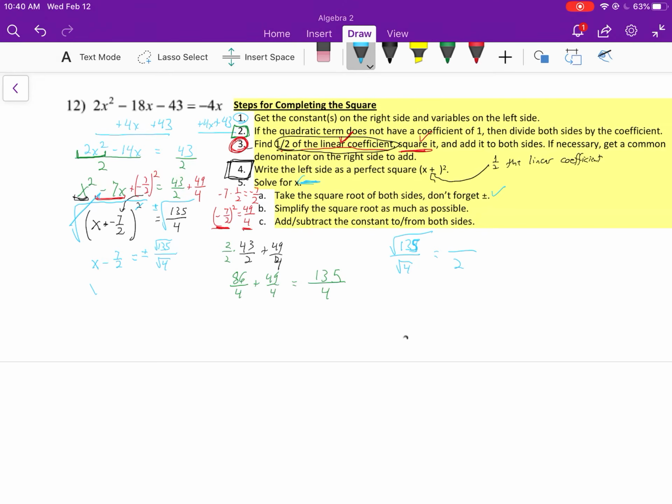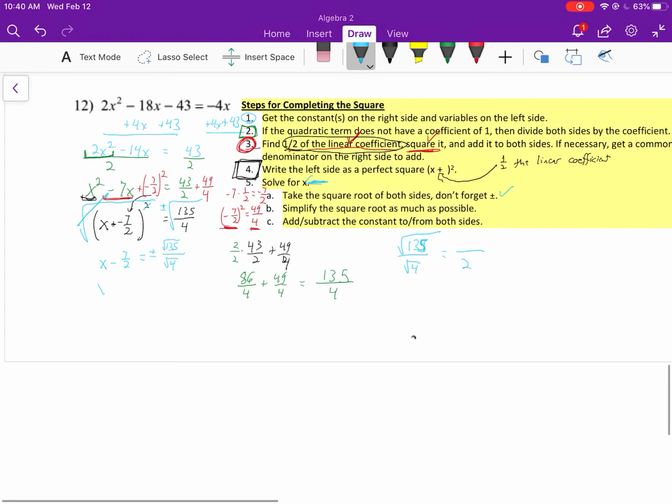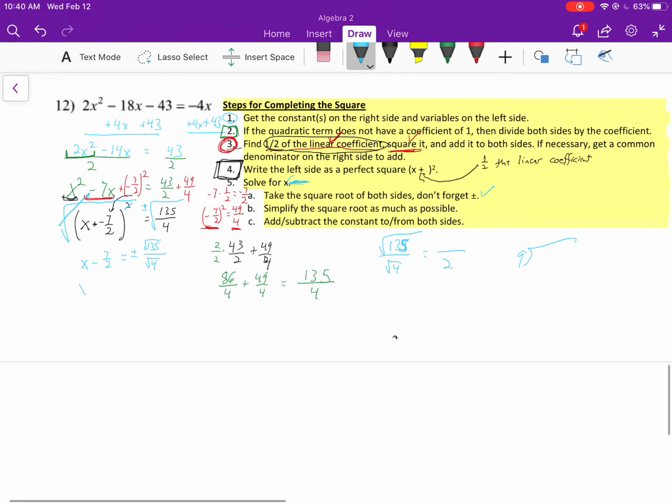Square root of 135. Well, 135, if you work through that, 9 goes into there. 9 goes into 135, 15 times.